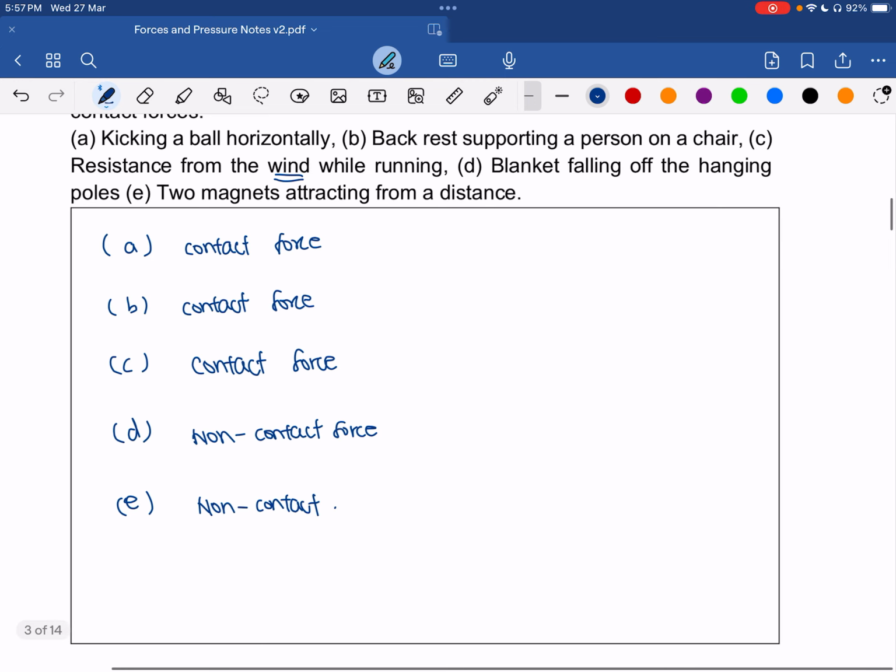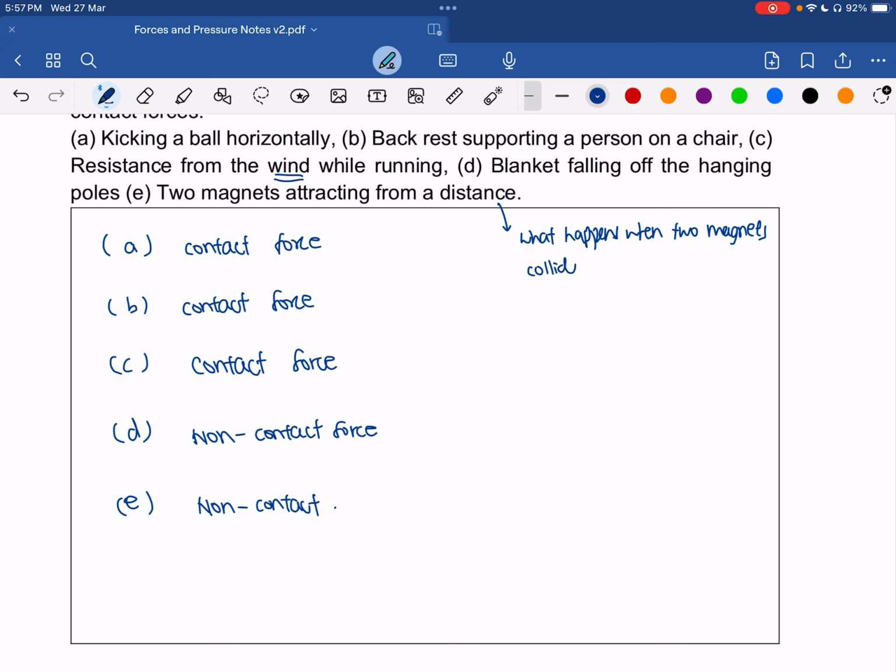But if you think about it, what happens when the two magnets collide? Then it will become a contact force, when they smash into each other.